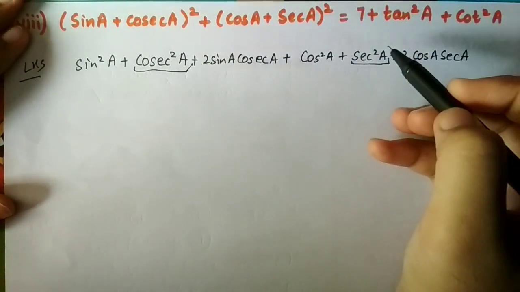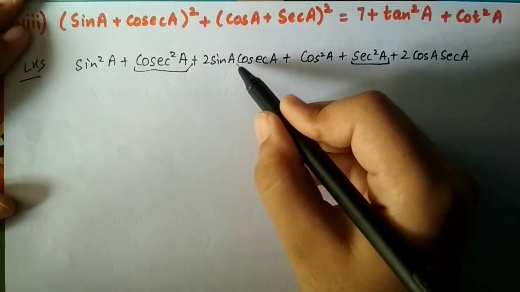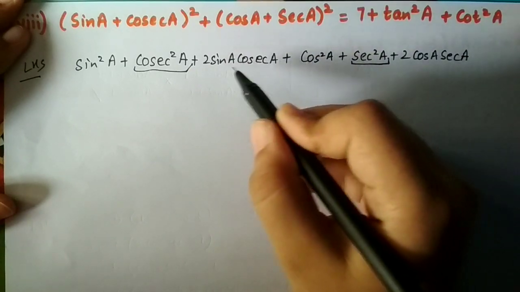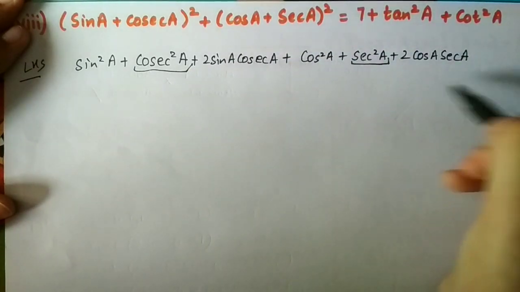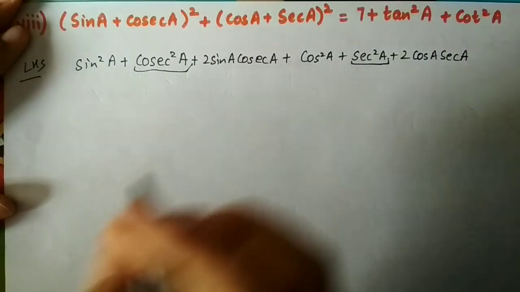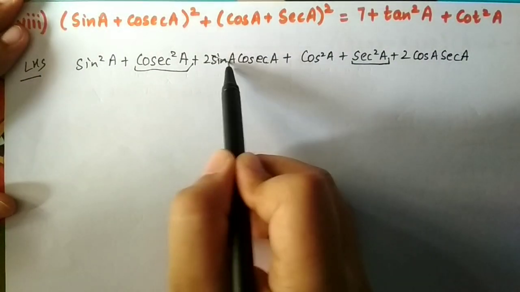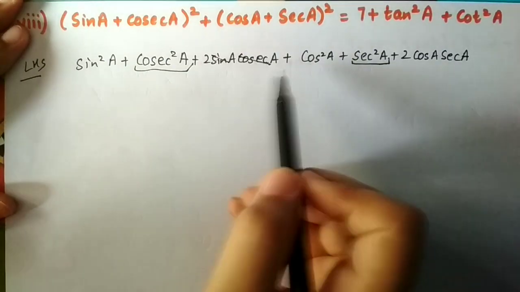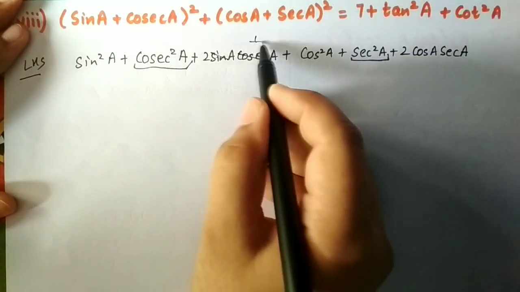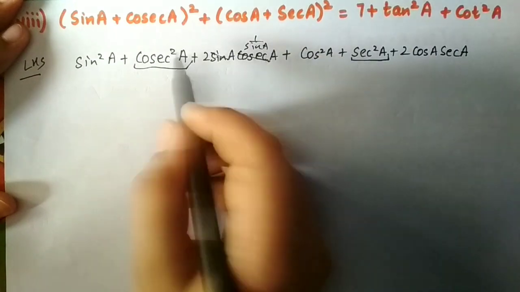So keep them as it is and just convert the single term where square is not there, cosecant and secant, into sin and cos. Or without converting also you can say that sin a and cosecant a will cancel out, because cosecant a is 1 upon sin a. This can be written as 1 upon sin a, therefore it will cancel out.